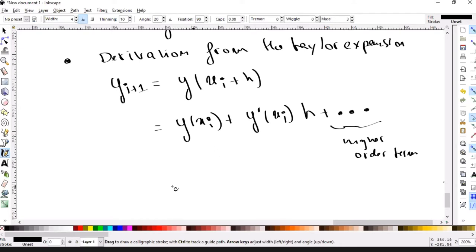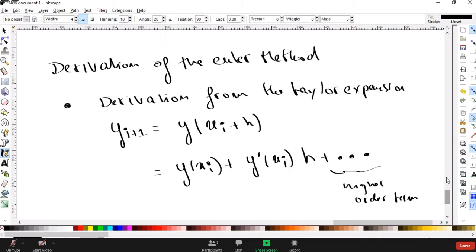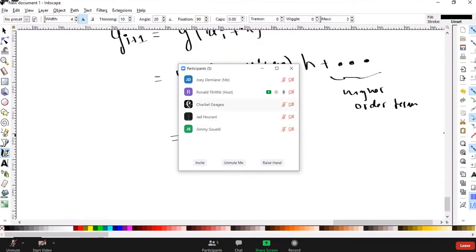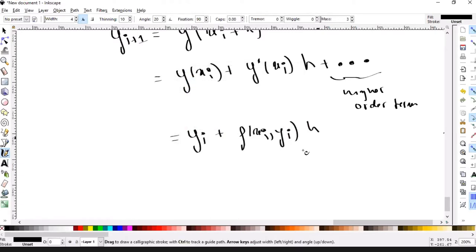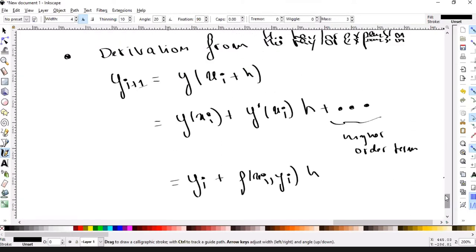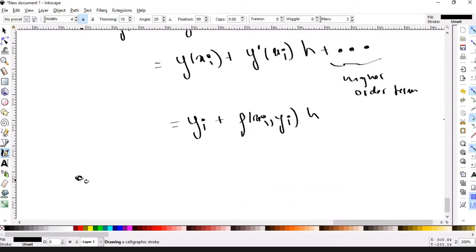So basically y i plus 1 is equal to y i, where y of x i is y i, plus y prime of x i, which is f of x i, y i, because y prime is f of x, y. This is how we can derive the method from the Taylor expansion.